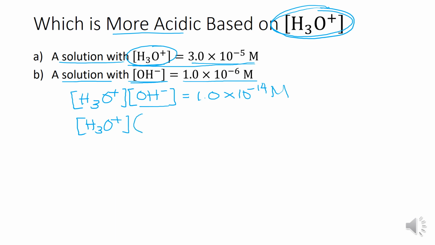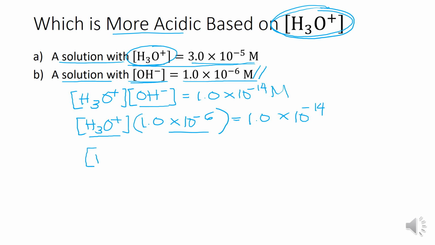Plug in this given value, so that is 1 times 10 to the negative 6, equal to the constant 1 times 10 to the negative 14 molarity. To solve for the hydronium ion concentration, we have to eliminate this one from the left side. So it looks like we have to divide both sides of the equation by that number.